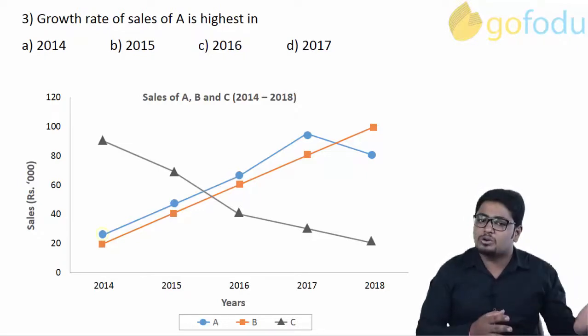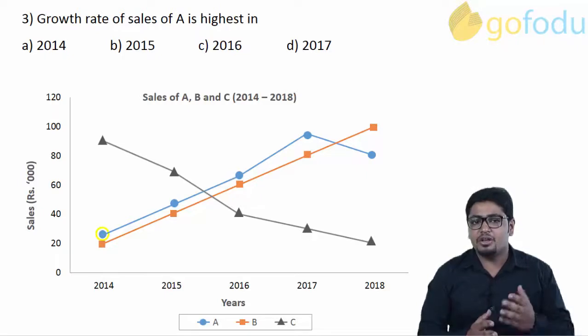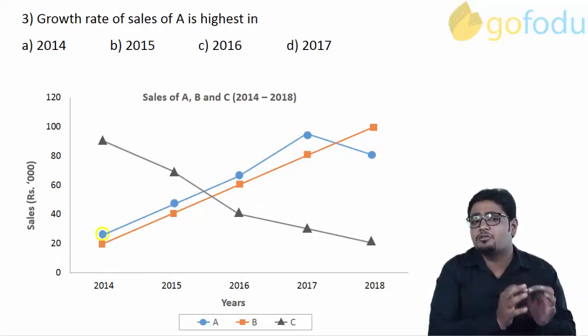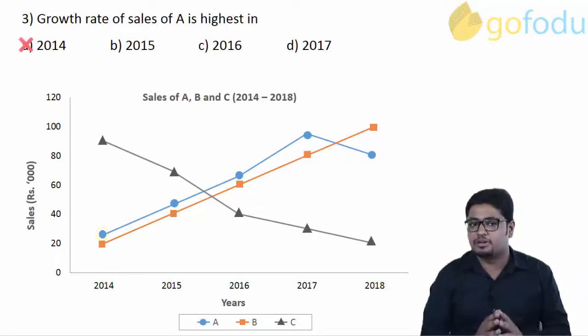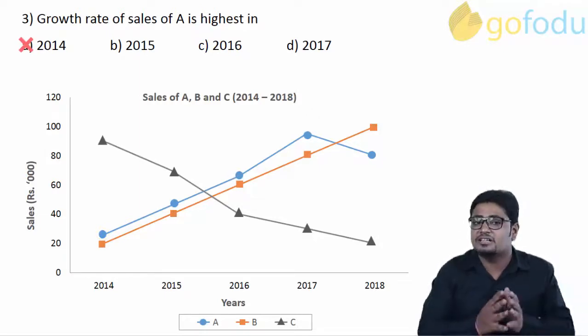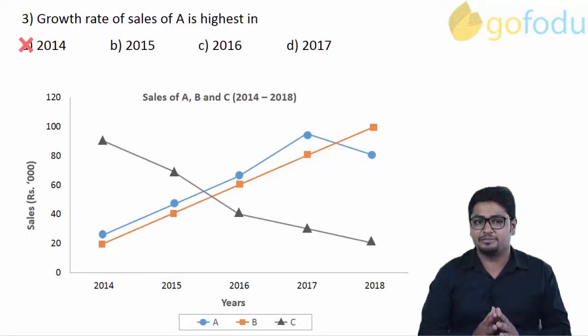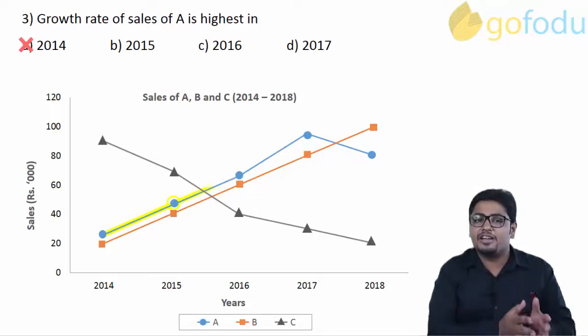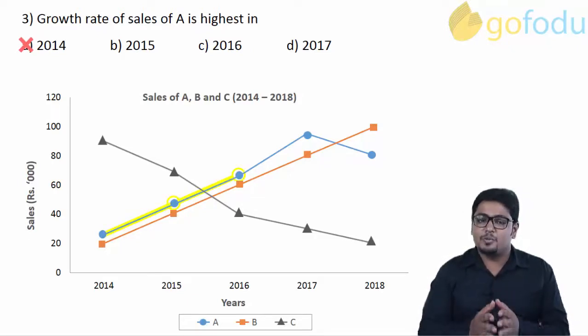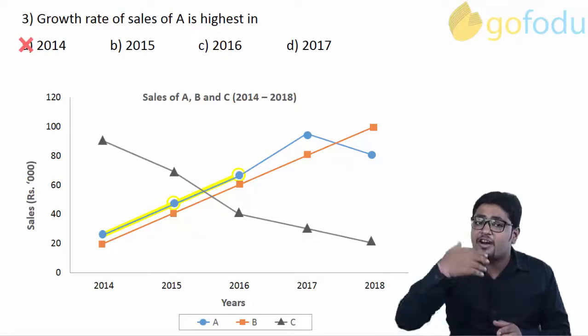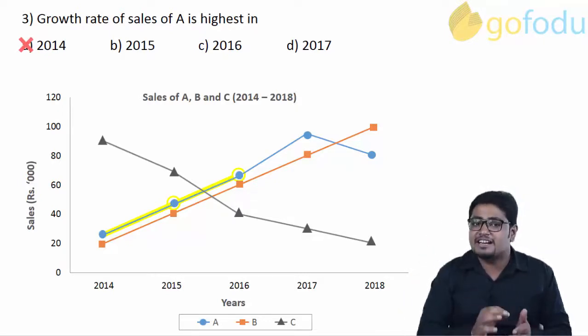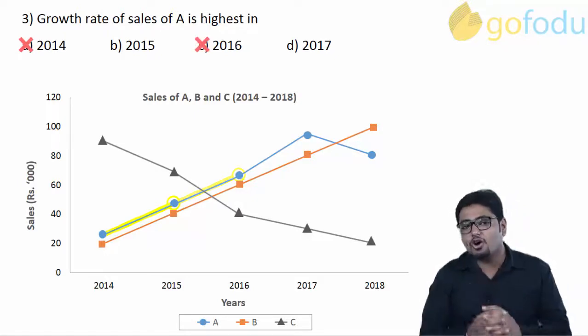Option A is 2014, for which calculation of growth rate is not possible as previous data is not available. So A is eliminated. Among 2015 and 16, we know that 15 should have a higher growth rate as it's an increasing line. So option C is also eliminated.